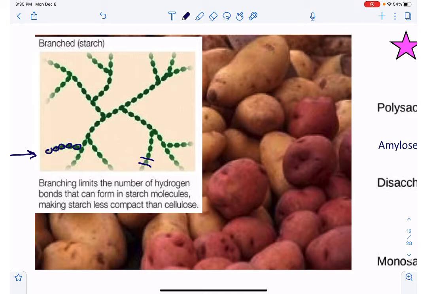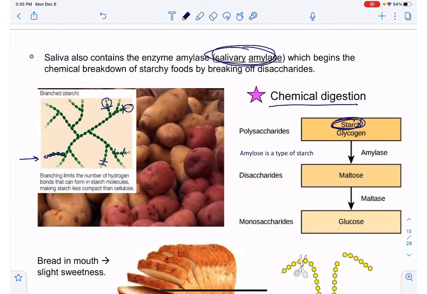And what it does is it actually starts breaking the starch down into disaccharides. Okay, so it gets that process going. And relatively speaking, food isn't hanging out in the mouth for an extended period of time. So there's not a whole lot of carbohydrate, not a whole lot of starch digestion that's occurring, but it does start here.